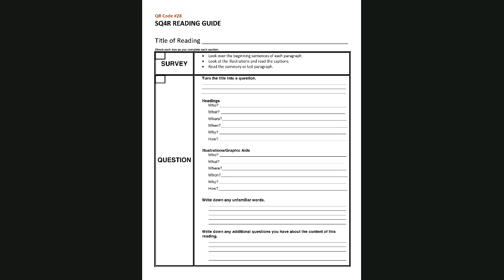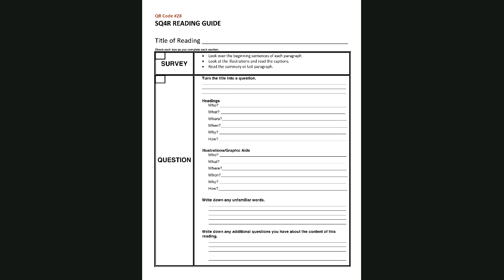One rule of thumb is that normally writers will put the main idea in the first sentence of each paragraph. So whatever that paragraph is going to be about, you're usually going to find it either in the first sentence or in the last sentence. So if you read the first sentence and you're not sure, read the last sentence.